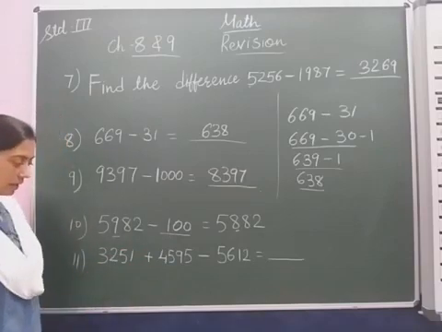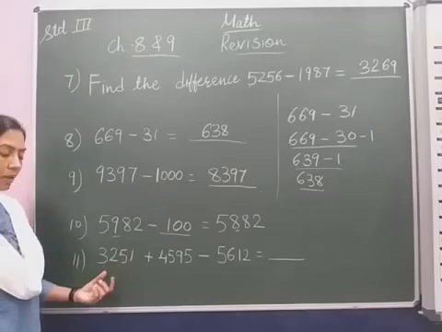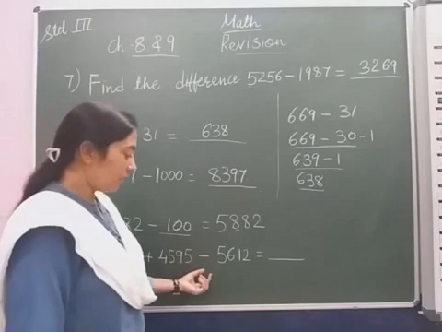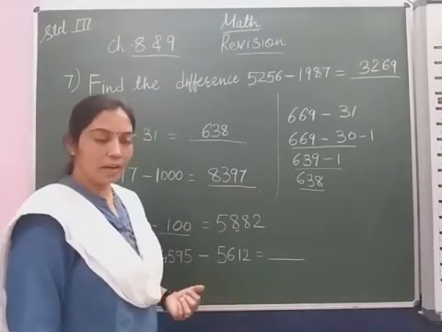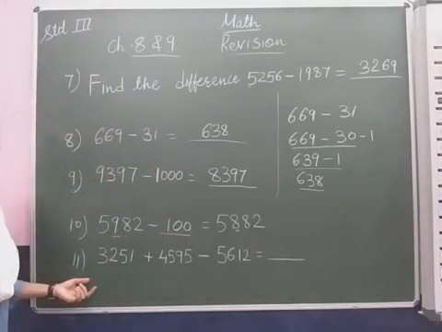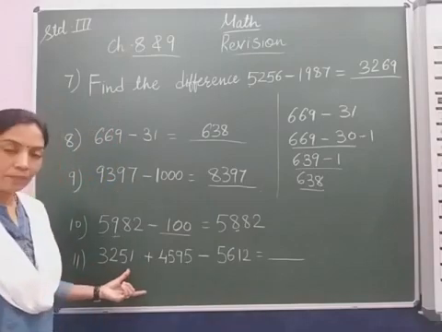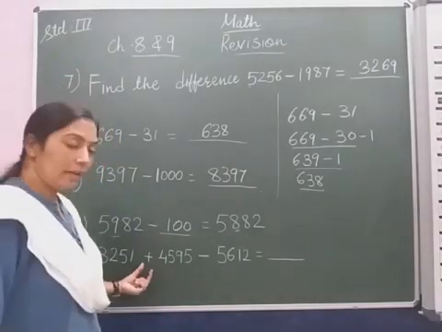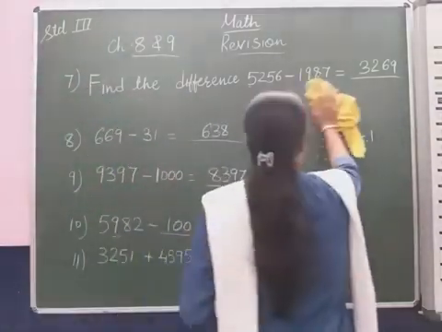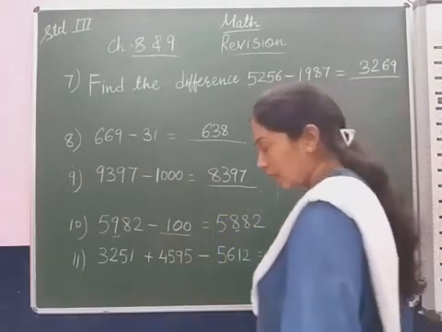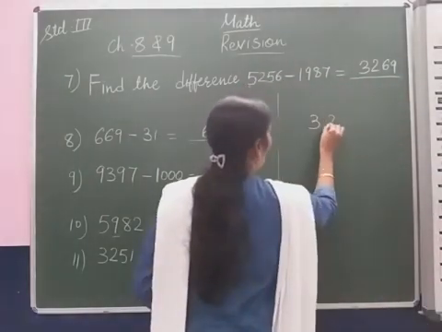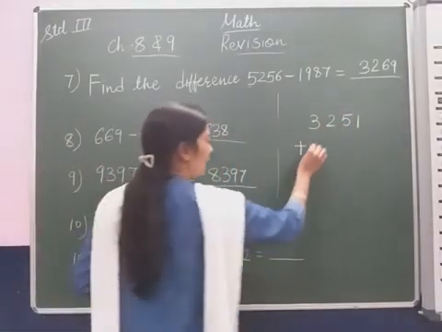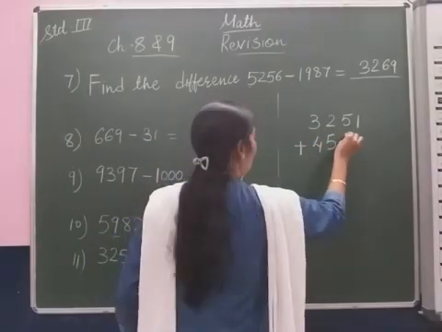Now the next question is 3251 plus 4595 minus 5612. Here simplify this question. When the question is given with addition and subtraction together, first the addition sign is given, so we will find the sum. 3251, we add with this number 4595.